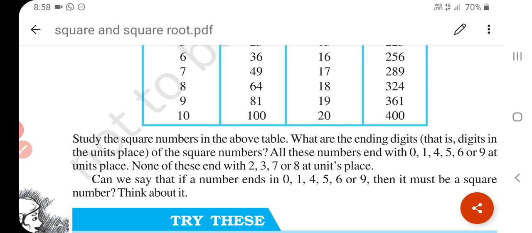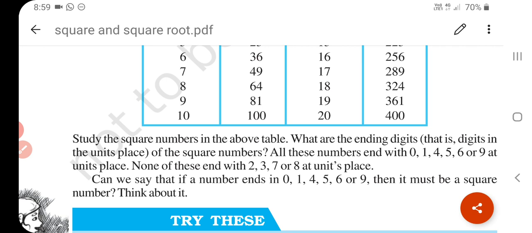If there is 33, 33 is also not a square number. If there is 47, it is not a square of any number. So whenever a number ends with 2, 3, 7 or 8, it is not a square of any number. Remember this thing.